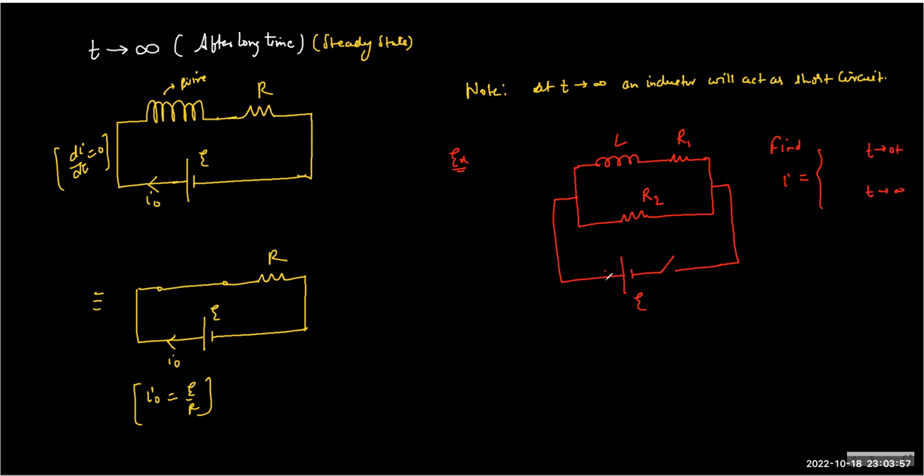Can you find the current through the cell just after closing the switch, and after a very long time after closing the switch? What will be the value of I? And I is the current through the cell.